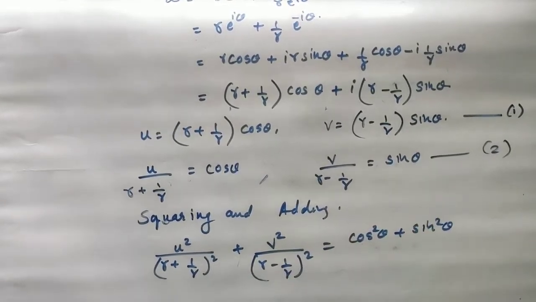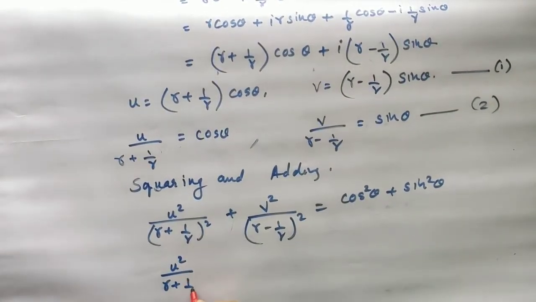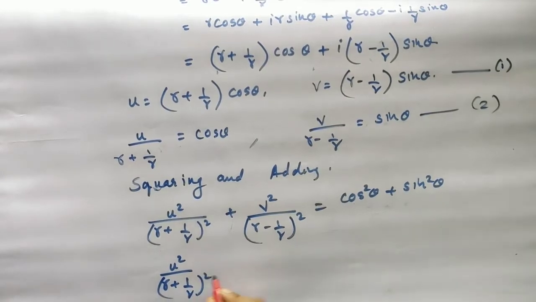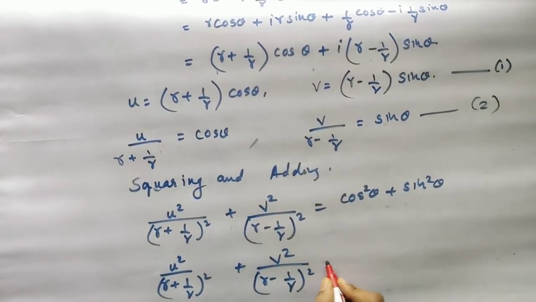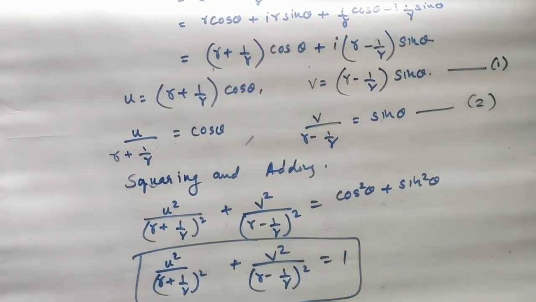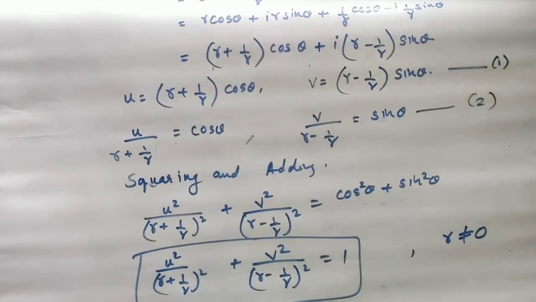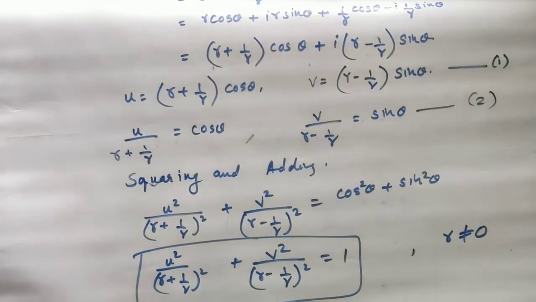Now cos square plus sin square is 1. So you will have u square divided by r plus 1 by r whole square plus v square divided by r minus 1 by r whole square is equal to 1. This is one equation which you get. Here r should not be equal to 0.